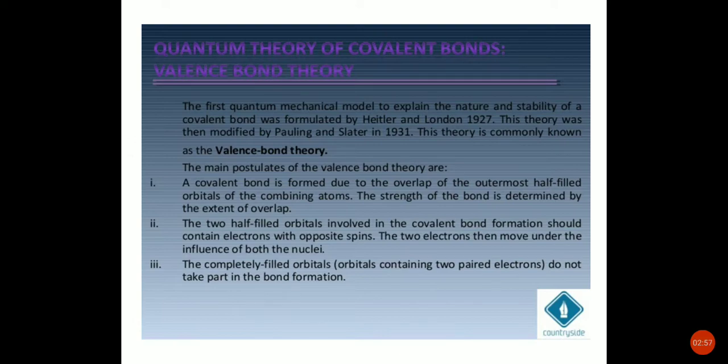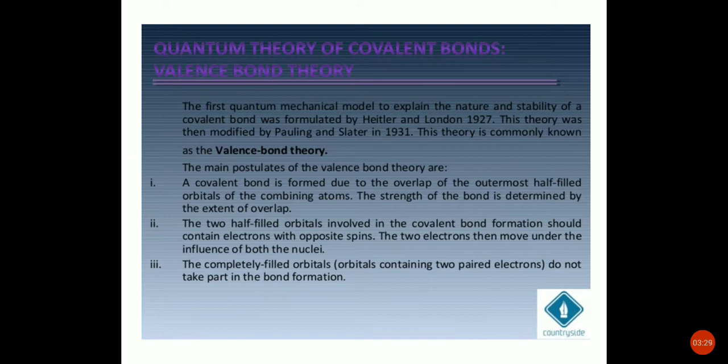So, according to valence bond theory, a covalent bond is formed by the overlapping of outermost half-filled orbitals, and the strength of the bond is determined by the extent of overlapping. And the two half-filled orbitals involved in bonding should have electrons with opposite spin. And the last postulate is the completely filled orbitals do not take part in the bond formation.